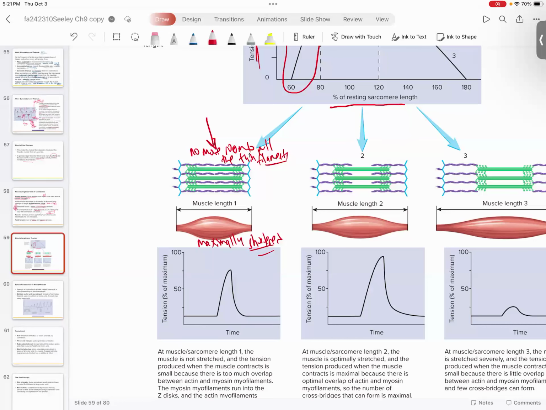And so if you have a sarcomere that's not fully relaxed, then it will not fully contract.